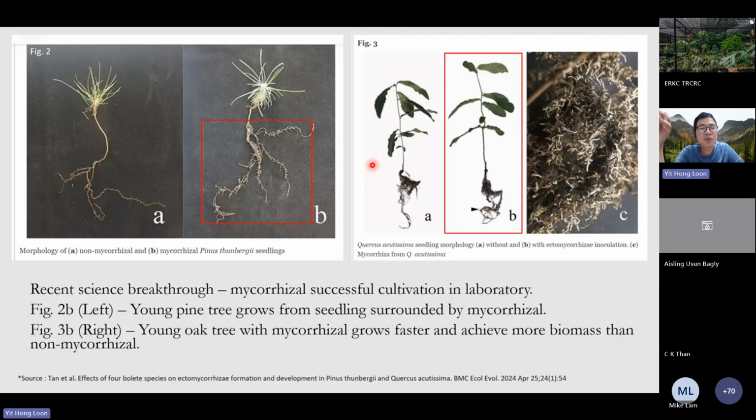But I'm not sure what type of mycorrhizal they are, lah. But now it's quite common in the market. So the planters mix mycorrhizal in their farms. Okay.